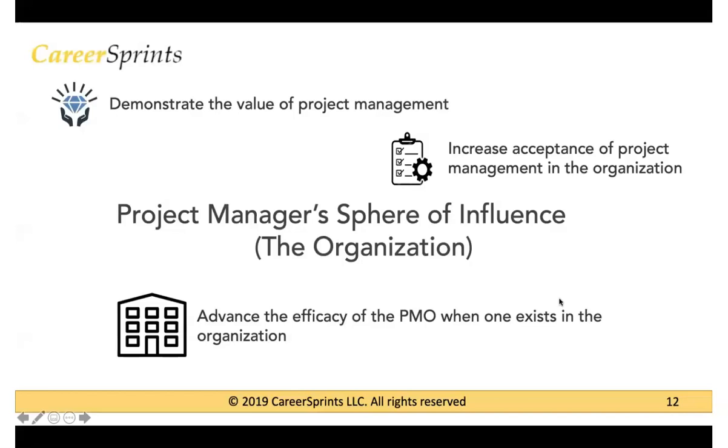So this could be, for example, templates for project documents. This could be suggesting tools to use in a particular project. This could be helping projects to figure out the life cycle. So for example, depending upon the type of project that you're doing, you may not necessarily use a purely agile life cycle, or a purely predictive life cycle.